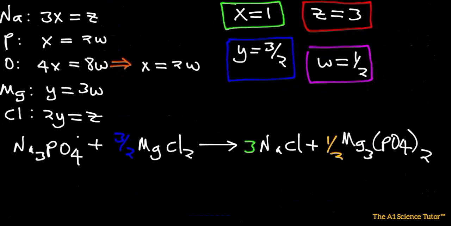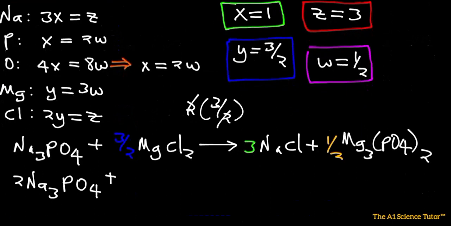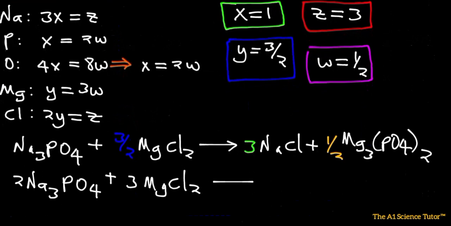Now if we take 2 and multiply with this, that gives us 2 sodium phosphate. And 2 multiplied by this is 2 multiplied by 3/2. Obviously that is going to cancel the 2's away, and we should have 3 moles of the magnesium chloride getting formed. Next up, you have 2 multiplied by this.